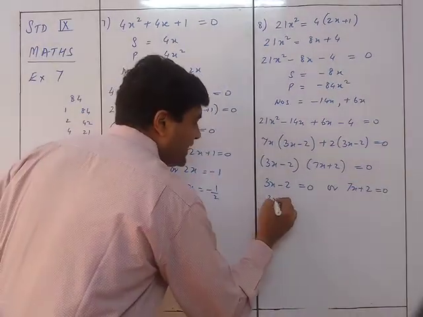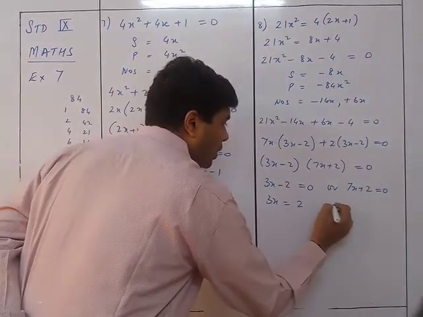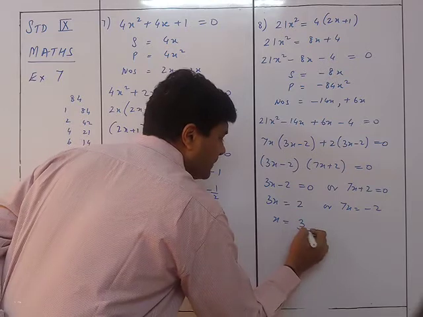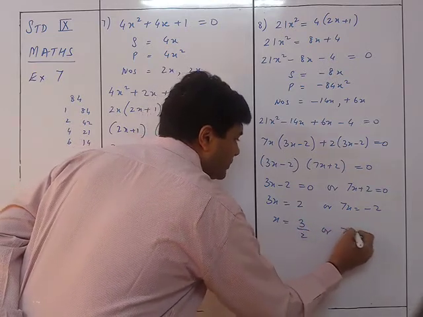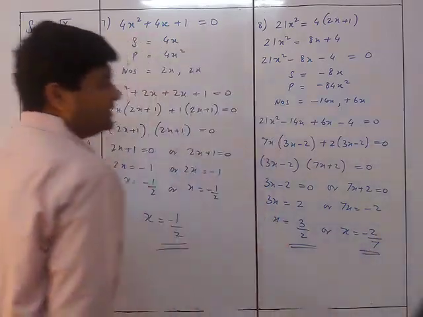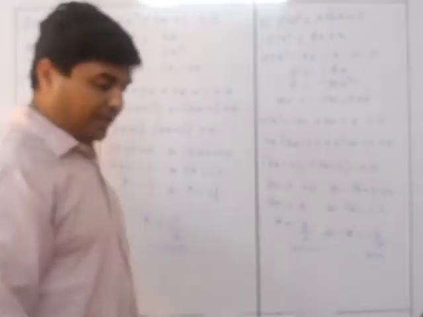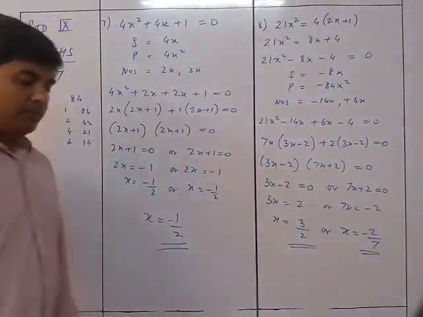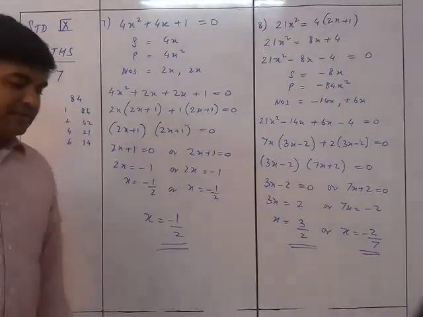This gives me 3x = 2, or 7x = −2, so x = 2/3, or x = −2/7. That's the solution of sum number 8. We'll stop here and do the remaining sums in the next video.